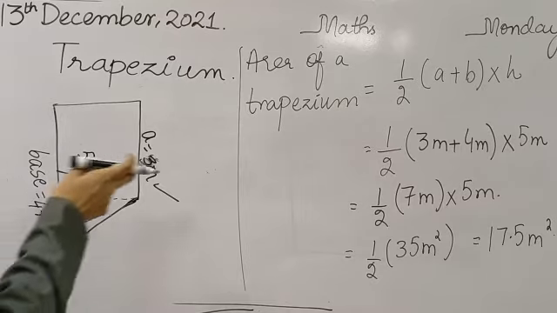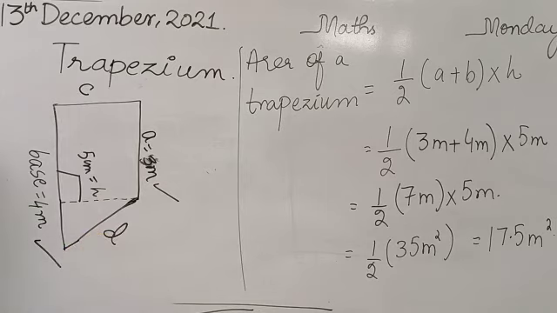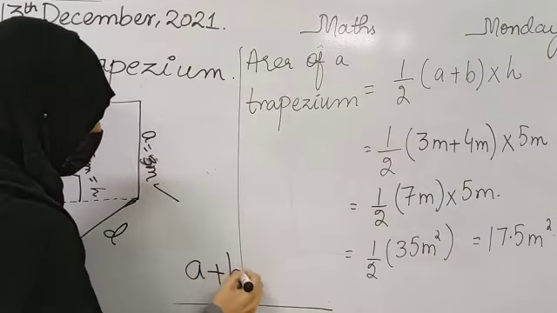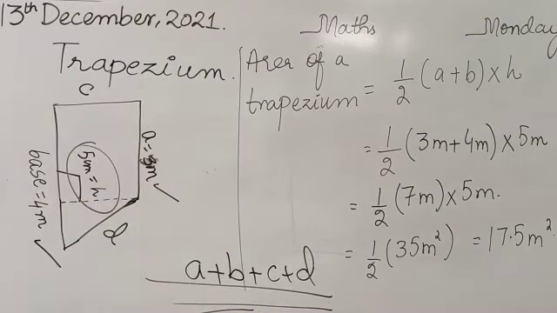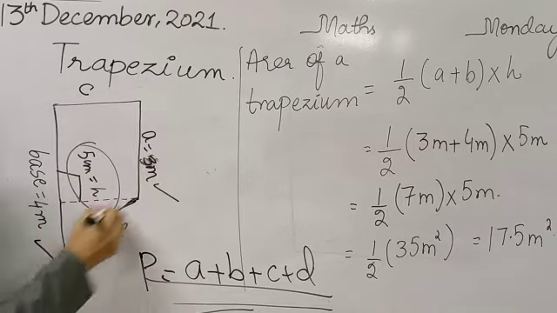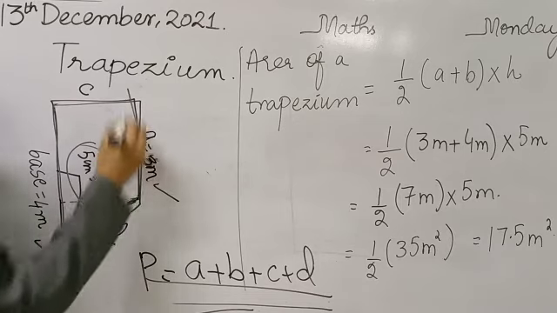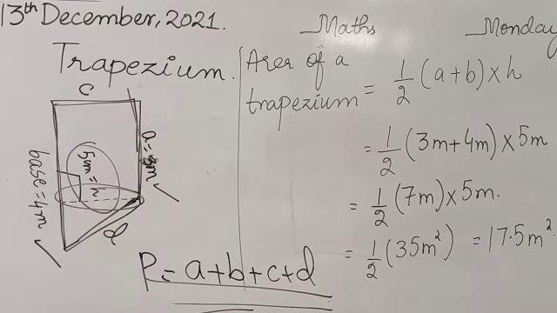For example, this is A, this is B, this is C and this is D. Then the perimeter will be A plus B plus C plus D. What about this height? Will it be included in the perimeter of the trapezium? No, because perimeter is the sum of lengths of the outer boundary. This is the boundary, this is not the boundary. That's why we will not include height. Is it clear?